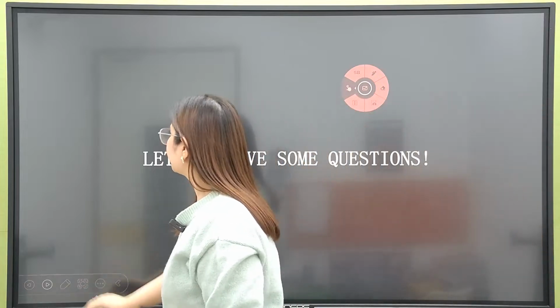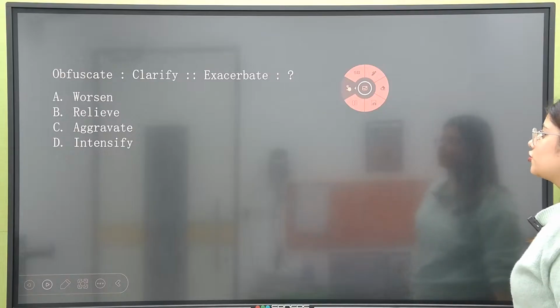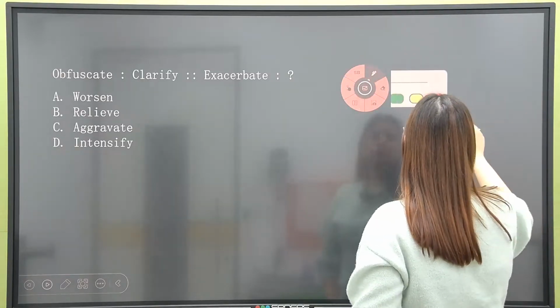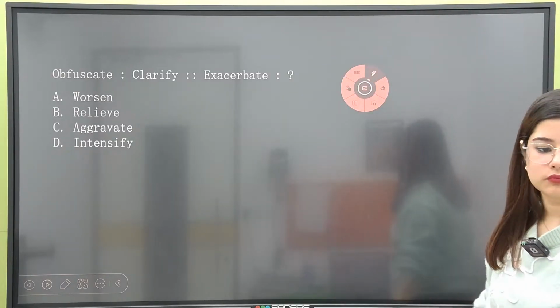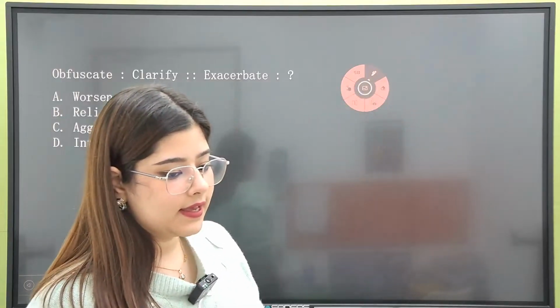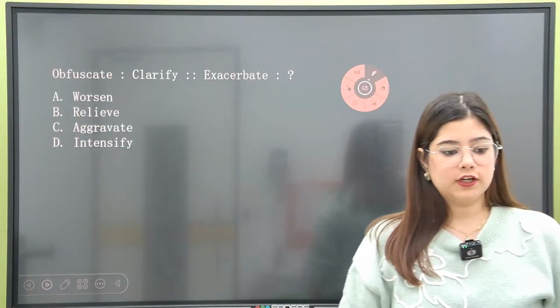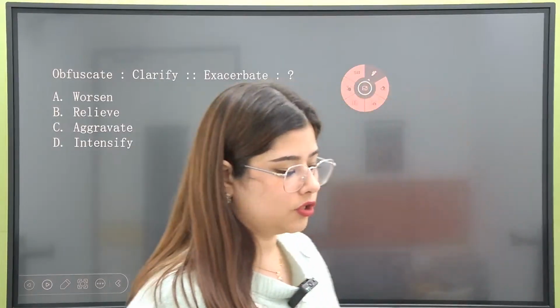First, obfuscate is to clarify, such as exacerbate is to... We need to first establish the relationship.